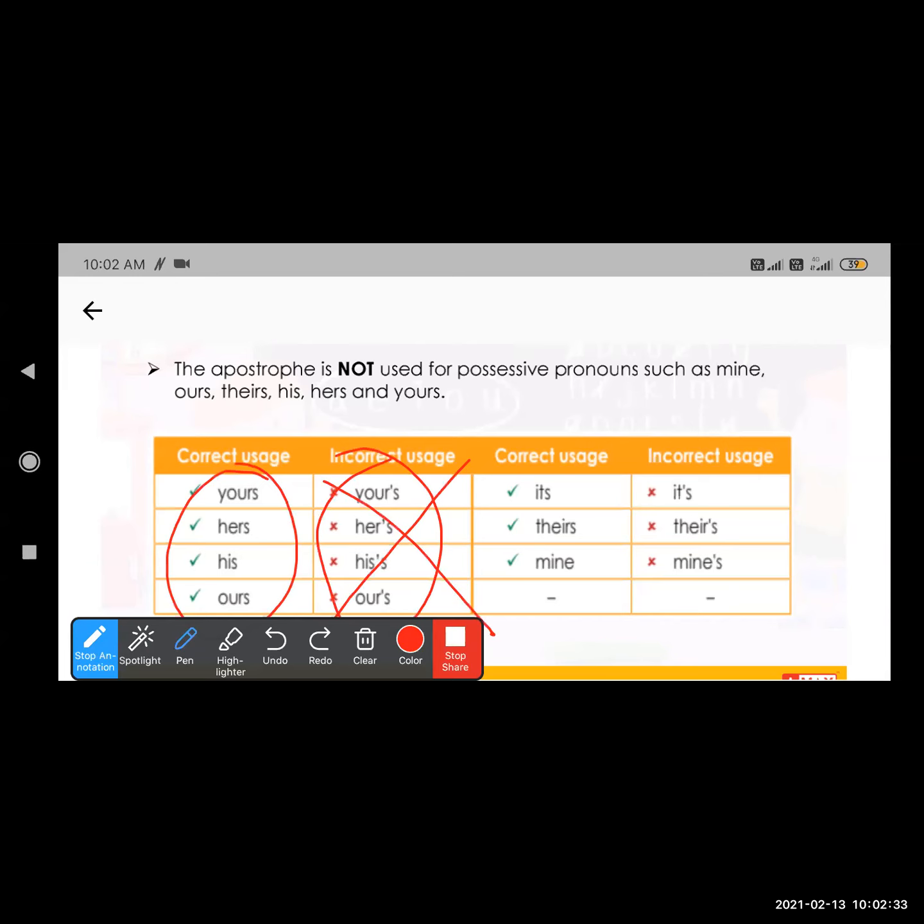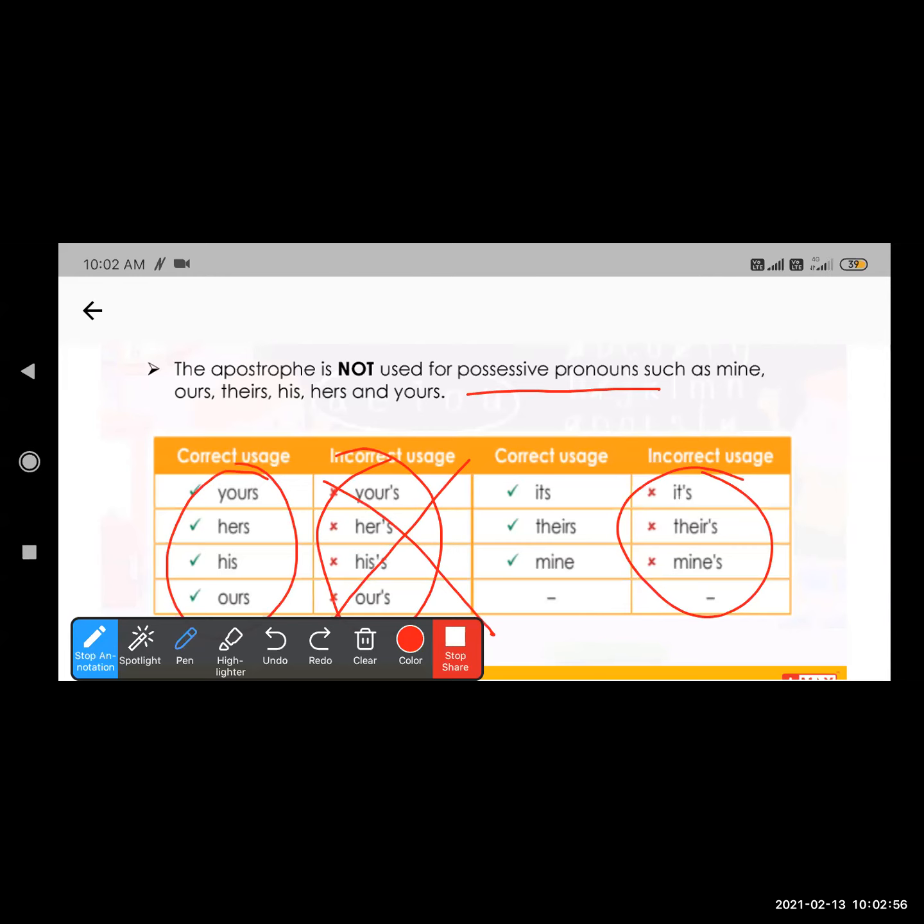So possessive pronouns do not involve any apostrophe. Now if you talk about the apostrophe in contractions, it is a shortcut, making something short.